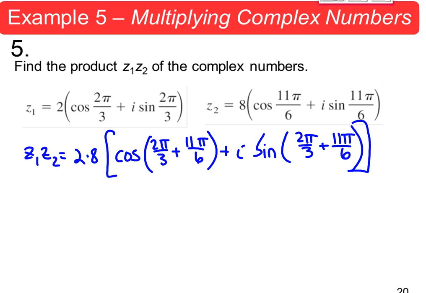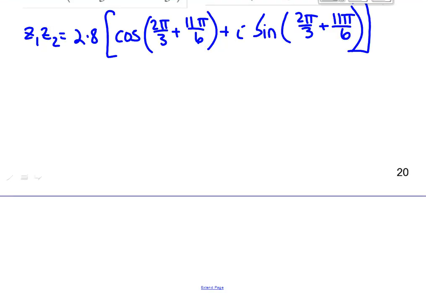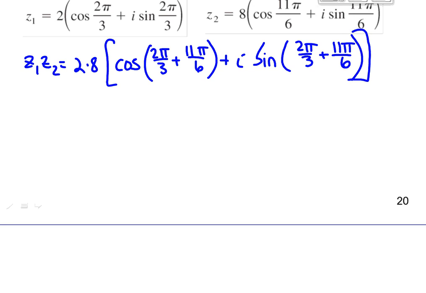Then I have to do some work with that, get a common denominator, add those, and see what happens. So 2 times 8 is 16, and then cosine. To get the common denominator, I'm going to multiply that by 2 over 2.